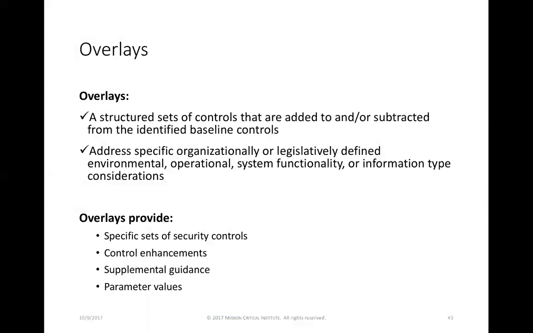It's a structured set of controls that are added or subtracted from identified baseline controls, and it addresses specific organizationally or legislatively defined environments, operations, system functionality, or information type considerations. These overlays provide specific sets of controls, control enhancements, supplemental guidance, and parameter values.